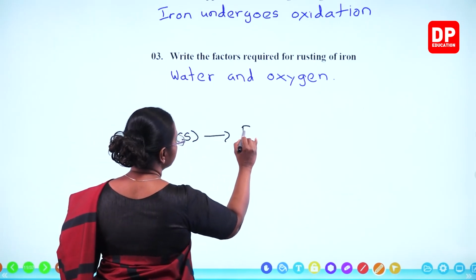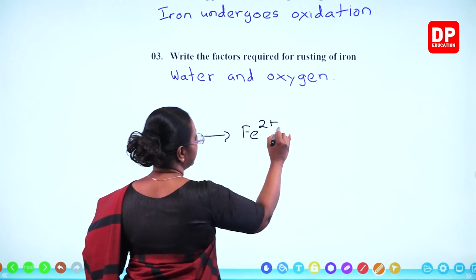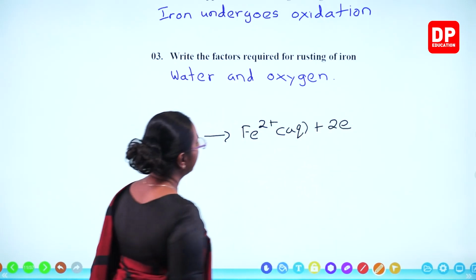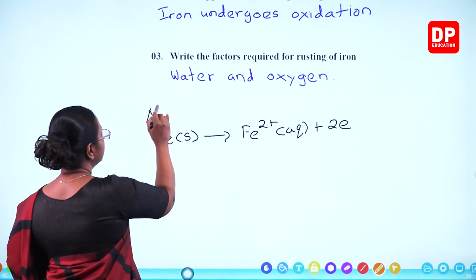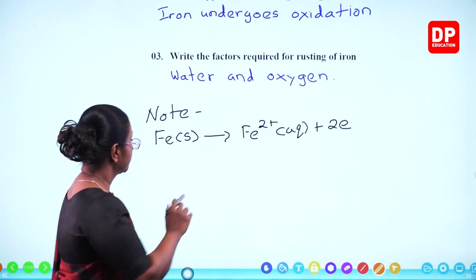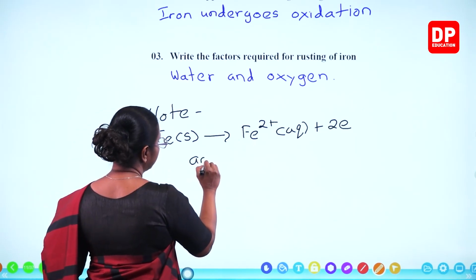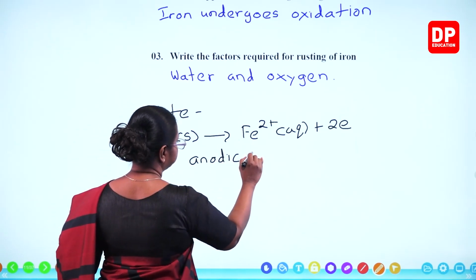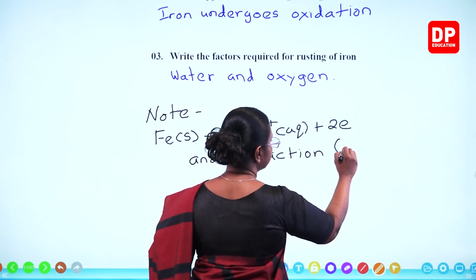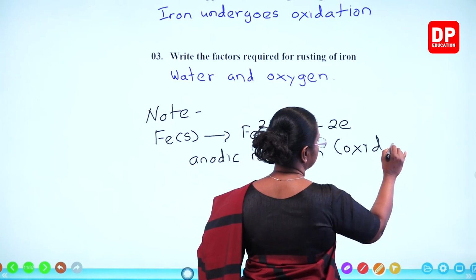It undergoes oxidation forming Fe2+ aqueous, losing 2 electrons. This is a note. I'm trying to recall what happens during rusting. So this is the anodic reaction, or that is the oxidation.